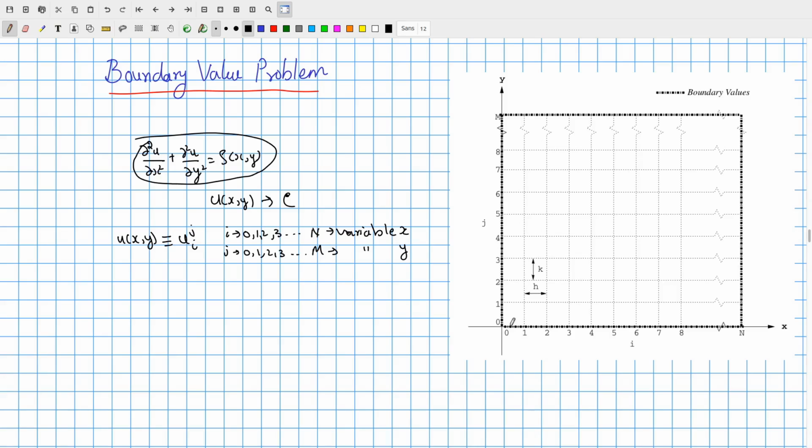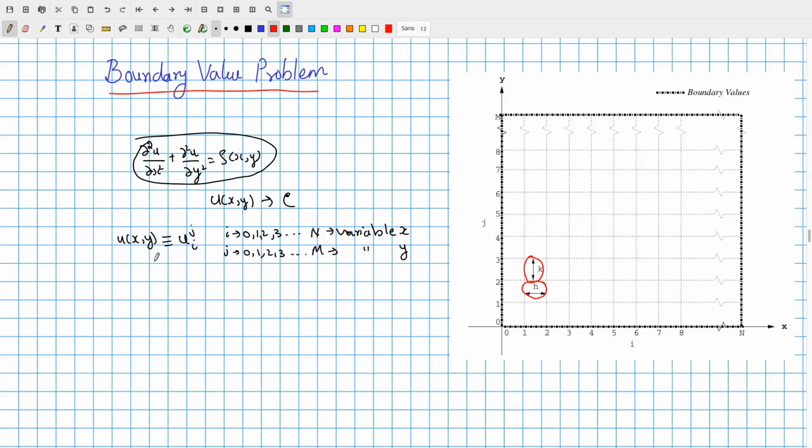We divide x into equally spaced grids, denoted by i, and we divide y also into evenly spaced grids, which we define by j. For the interval width, we choose h for x and k for y.